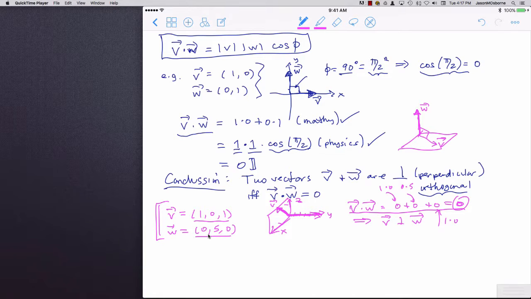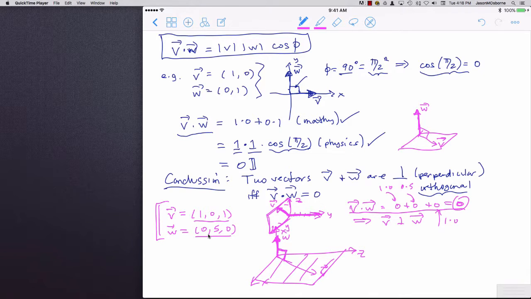And you can see that in this example the vector v is a vector that lives in the xz plane. So the vector v is here in the xz plane if you choose to reorient this. And the vector w is a vector that points along the y-axis. So here's the vector w. Here's the vector v. Because this vector v is in this plane and w is a vector that points along the y-axis, these are in fact perpendicular to each other.